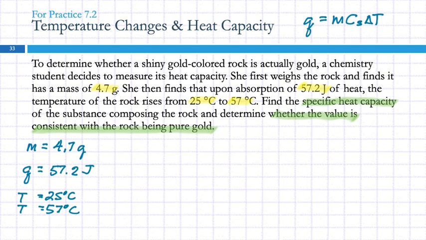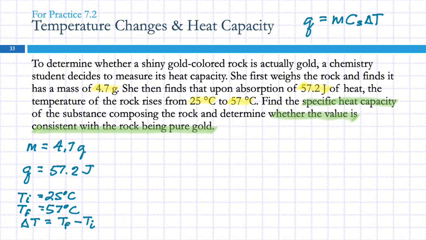Anytime you have delta something, you can assume that means the final minus the initial. So delta T is equal to the final temperature minus the initial temperature. So which one is the initial temperature? 25. And the final is 57.